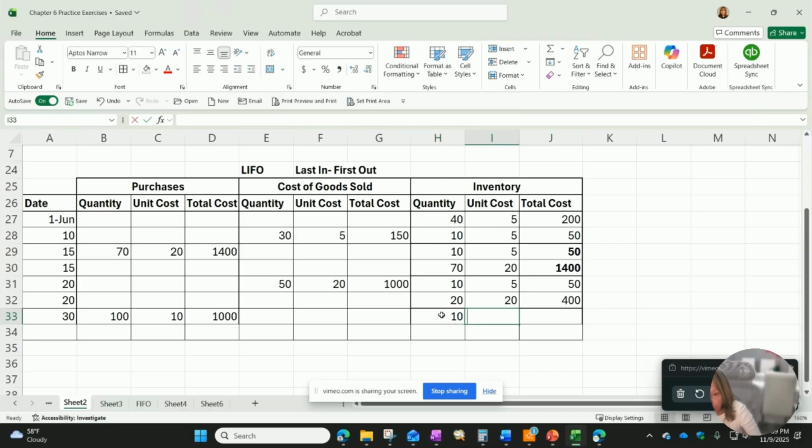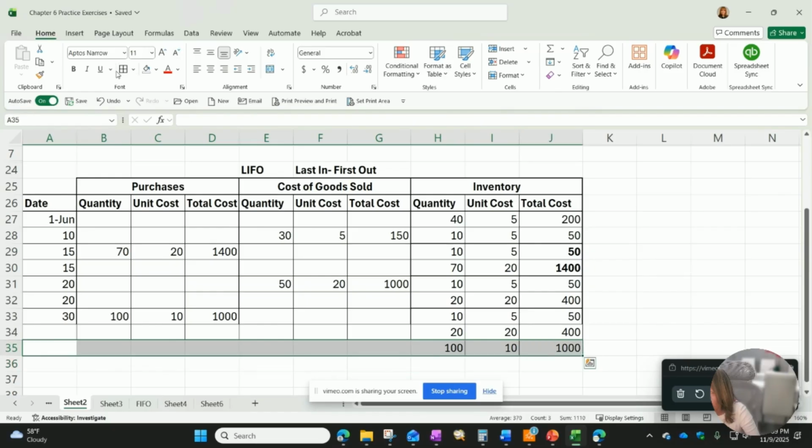10 at 5, 20 at 20, and 100 at 10. Which means that on the 30th, the final inventory is 130 units.